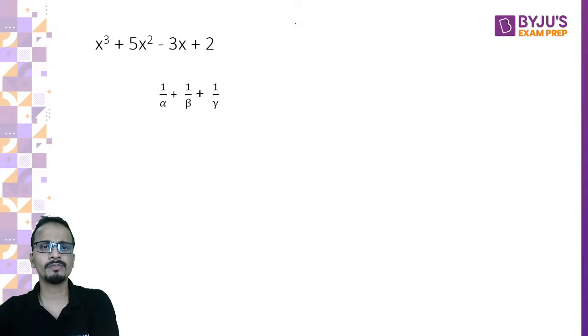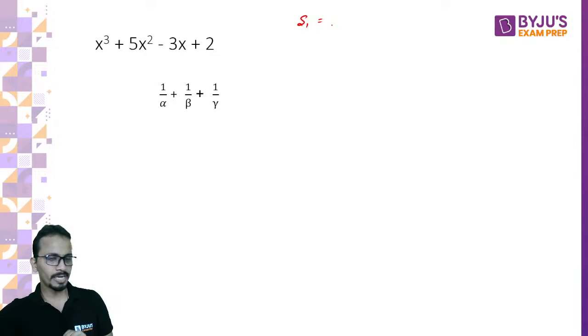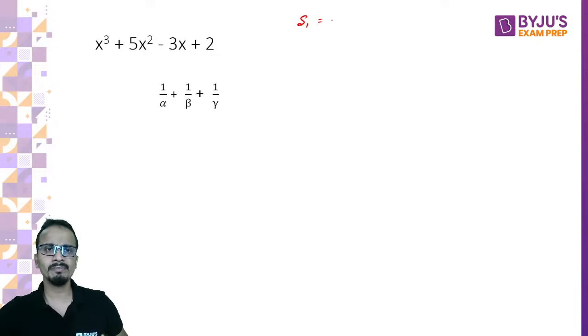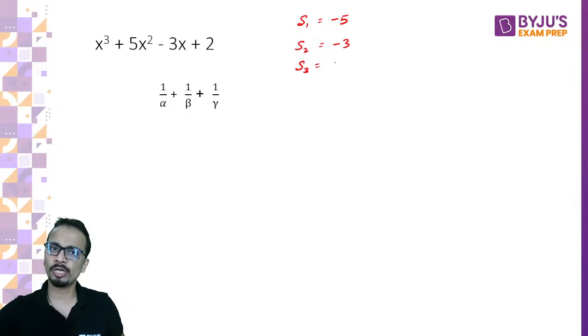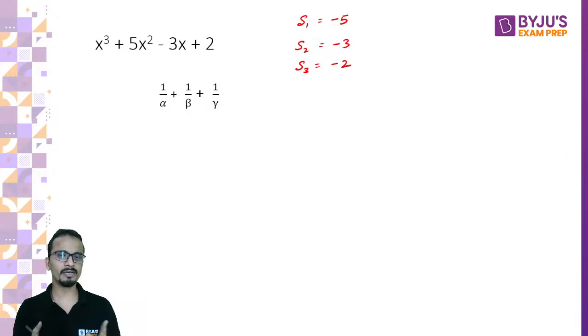So sum taking one root at a time, that is alpha plus beta plus gamma, will be minus 5. Sum taking two roots at a time, minus 3. And sum taking three roots at a time, that means the product of roots, is minus 2. We have already calculated it earlier.